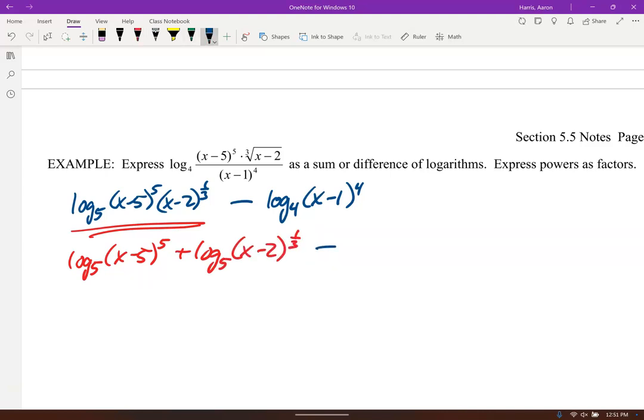And then we've still got this minus log base 4. Oh, I'm sorry, I don't know how this became 5. Sorry, guys, these 5s are supposed to be 4s. This is all log base 4.